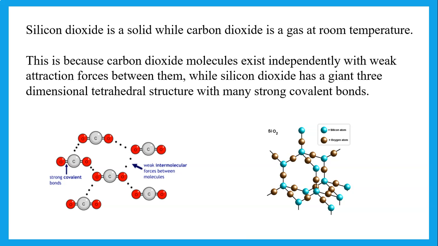So the fact that silicon dioxide is solid while carbon dioxide is a gas is because carbon dioxide molecules exist independently with weak attraction forces between them. So the molecules are separate and they have only weak attraction forces between the molecules, while silicon dioxide has a giant three-dimensional tetrahedral structure with many strong covalent bonds. So this will need a lot of energy to be broken, so it will have a high melting point.